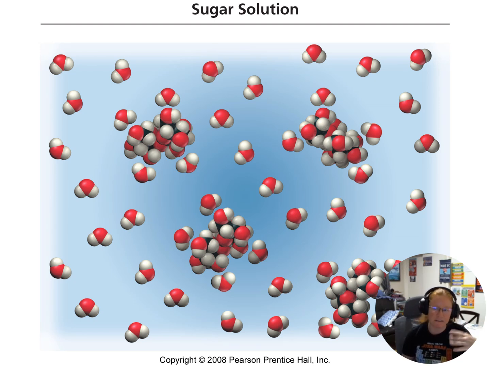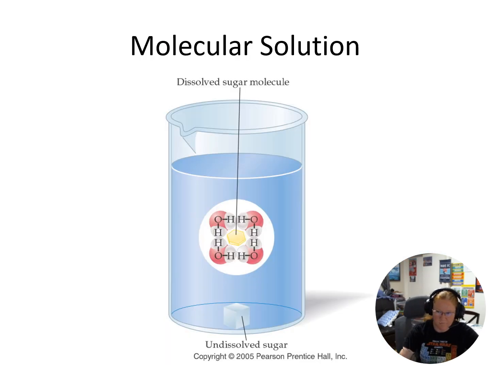We can get either a dipole-dipole interaction or a hydrogen bond situation occurring where water will solvate something like our table sugar. We still get those spheres of hydration. So we're still going to surround that based on where we get either the polar interactions or the hydrogen bonding interactions.